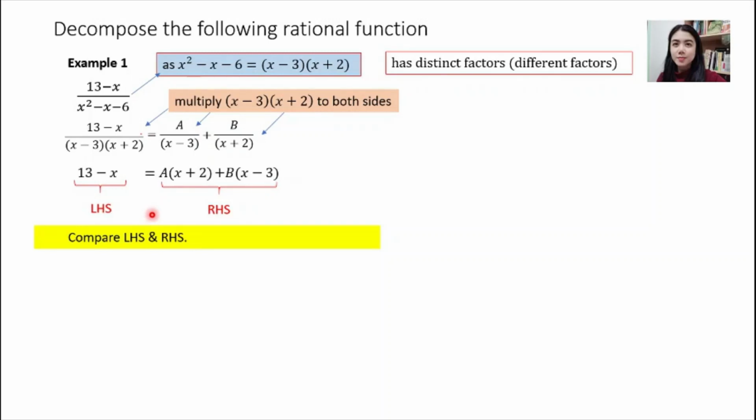We try to compare left and right. So we begin with the x. Look at the coefficients of x. At the left hand side, the coefficient of x is actually minus 1. So you have minus 1 at the left.